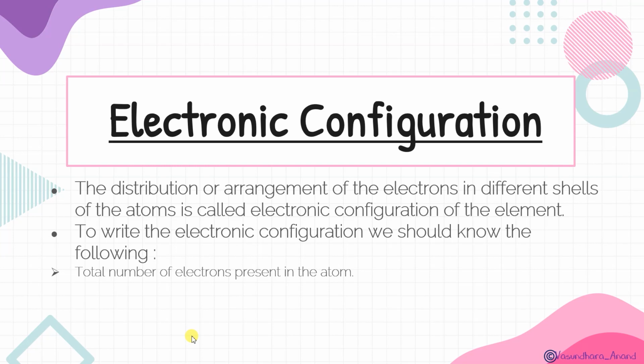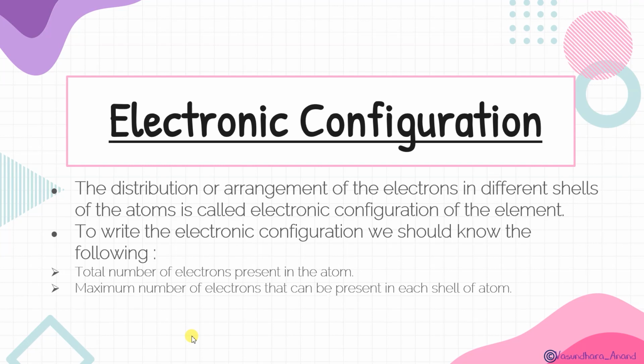If it is not neutral, then obviously it won't be equal. I have already discussed the formula by which we can find the number of electrons in a cation or anion. The number of protons is also equal to the atomic number. So if the element is neutral and we know the atomic number, we will easily be able to write the electronic configuration of that atom.